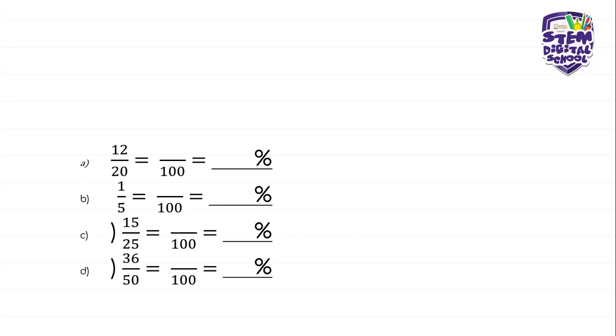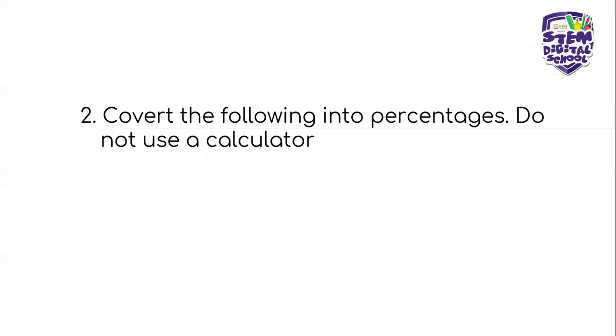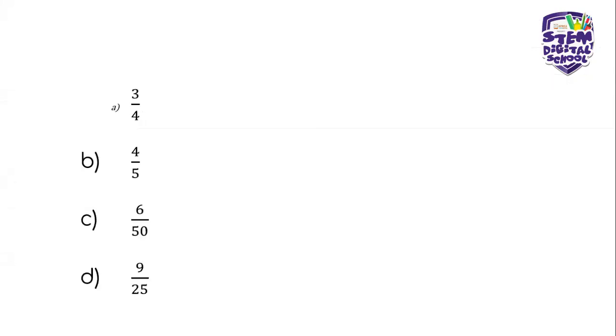In 36 over 50, which is D, you multiplied 50 by 2 to get 100. And remember that whatever you do to the denominator should also be done to the numerator. And the numerator in this case was 36. And then we multiplied that by 2 as well to get 72%. And in the same way, we have converted fractions into percentage without using a calculator.